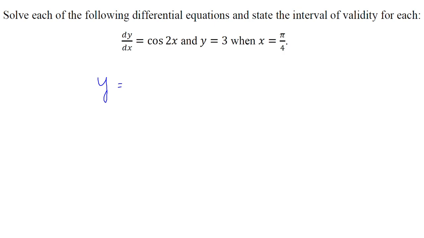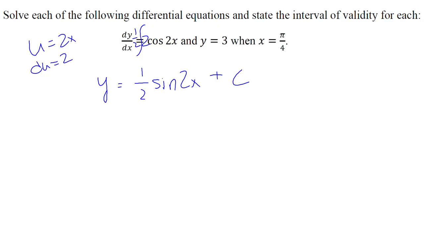We know the integral of cosine u is just sine u, so it's going to be sine 2x, but then that 2 that's inside ends up giving us a 1/2 on the outside, right? Because if you do the substitution where u is 2x, du is 2 dx, and you'd have to put in a 2 and then a 1/2, right? So that's what gives us the 1/2 sine 2x. And of course, don't forget that we have a plus c there.